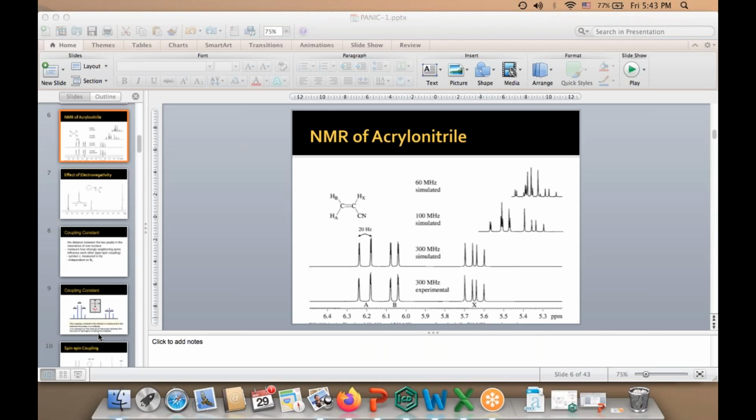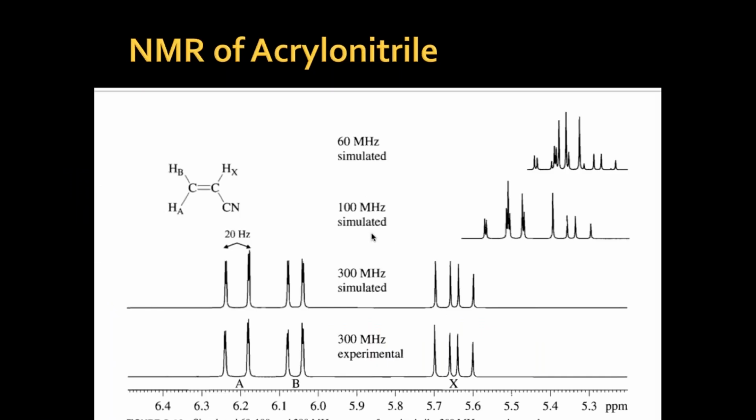As I said initially, there are different frequency NMRs, but once we go more than 100 megahertz, we have to use advanced NMR. Advanced NMR means the Fourier transform NMR.